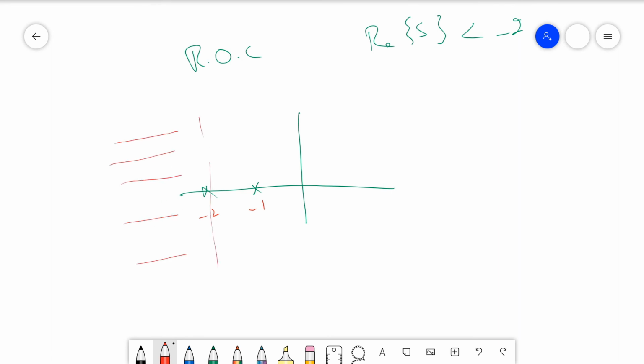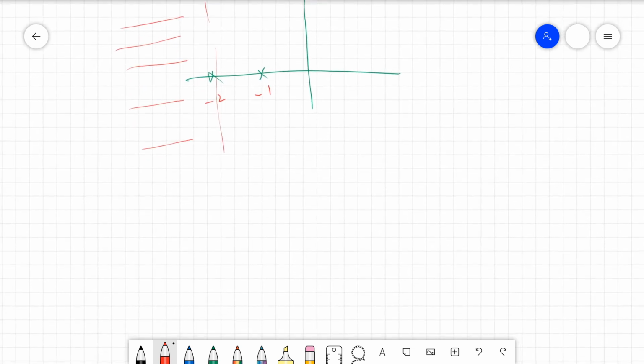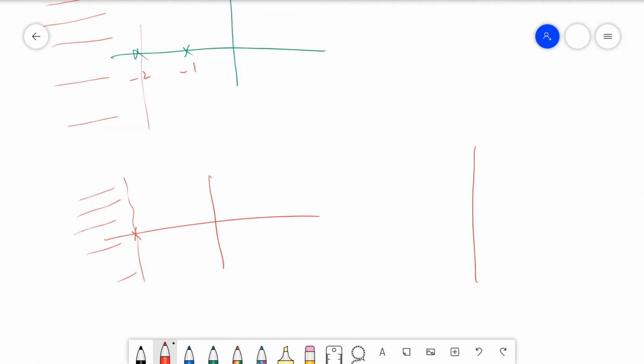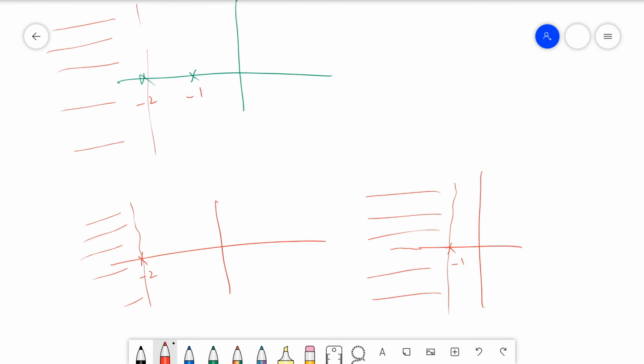So from here we can find that for the pole at minus 2, the region of convergence will be the same, and for the pole at minus 1, we can easily extend this region of convergence to the minus 1 part. Now its region of convergence will be this. So we can again verify that the common part of these two is again the same.